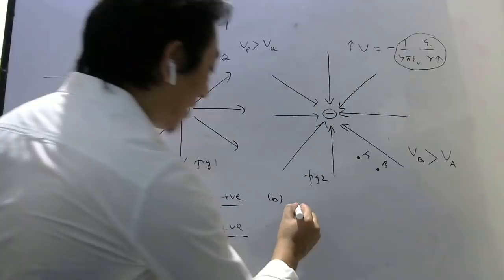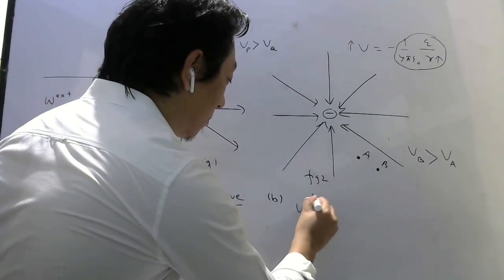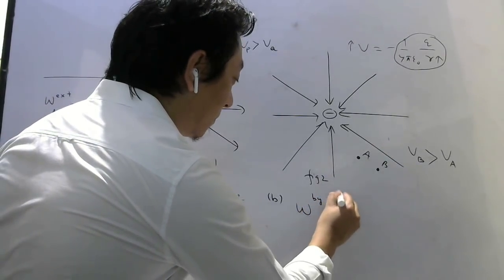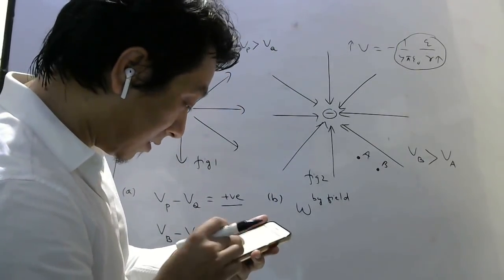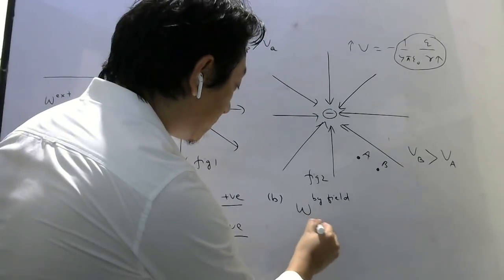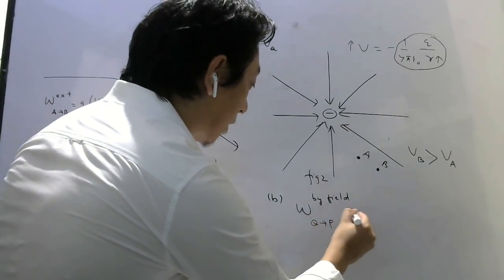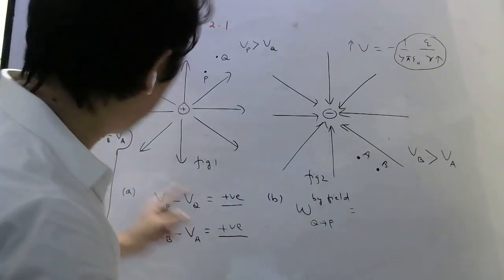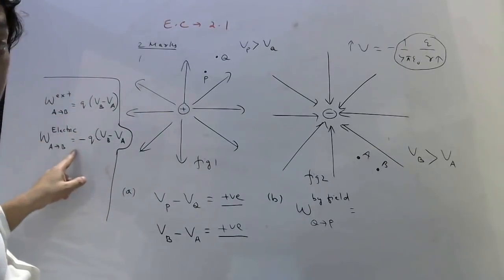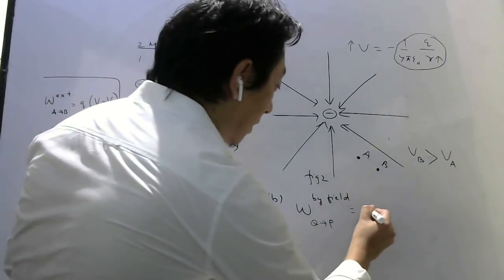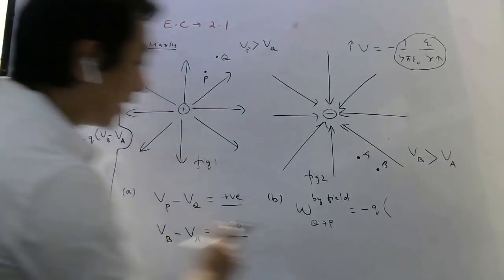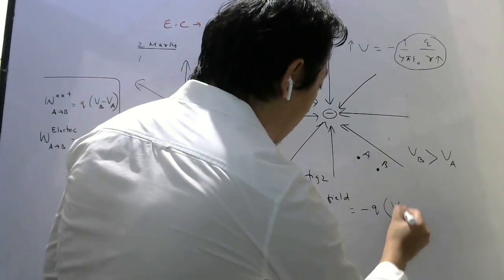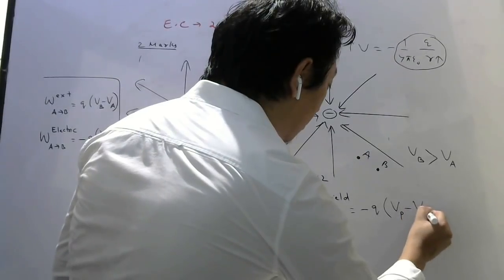So here they are asking work done by the field, from Q to P. Since it's work done by the field, first formula or second formula? Second formula. So it is minus Q times, A to B means VB minus VA, so Q to P means VP minus VQ.